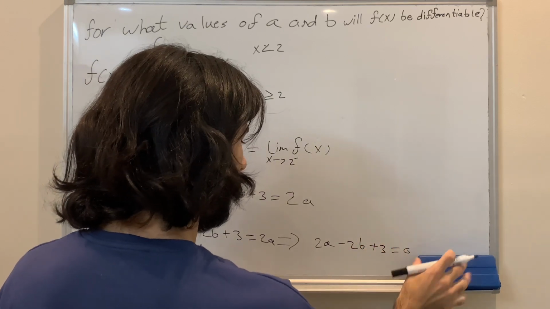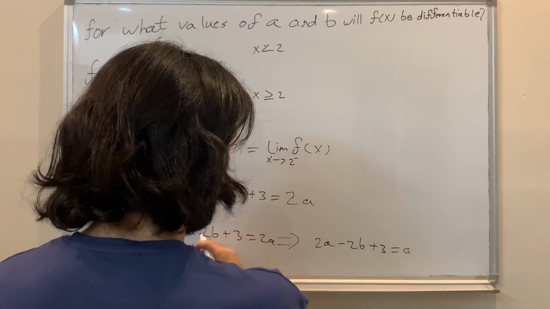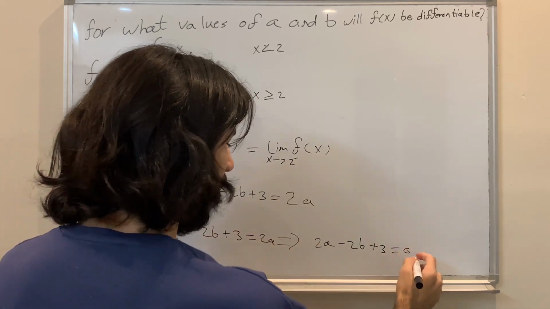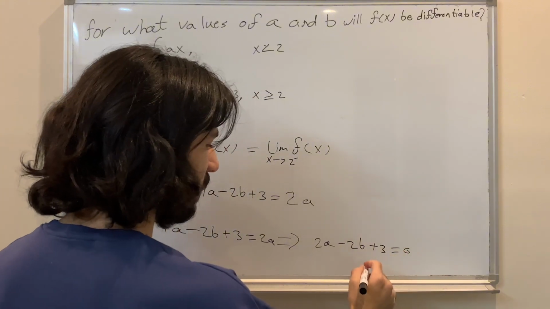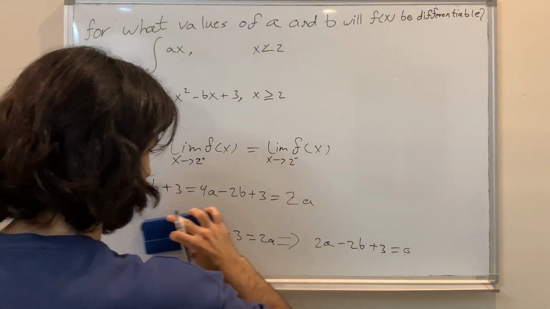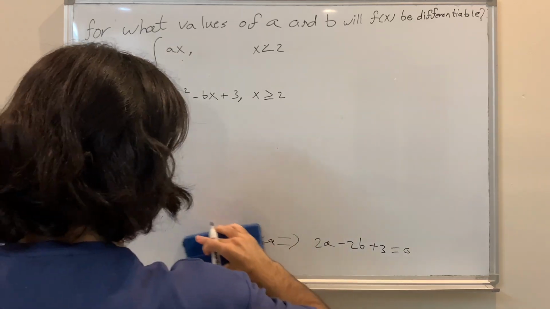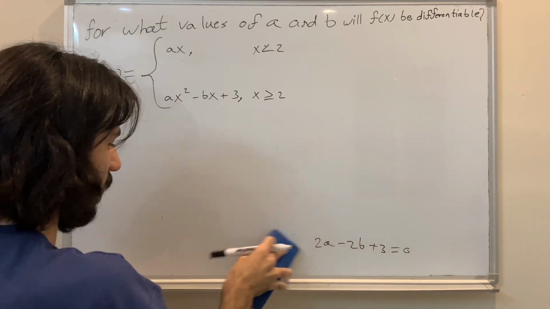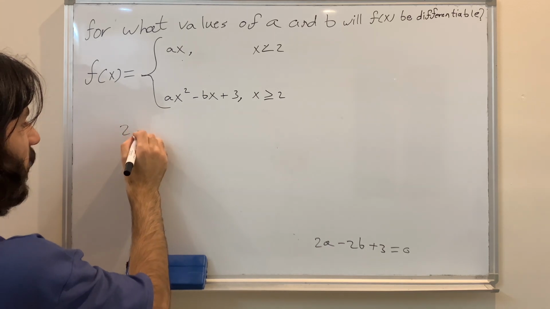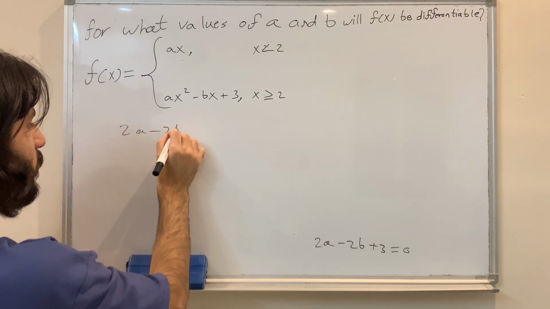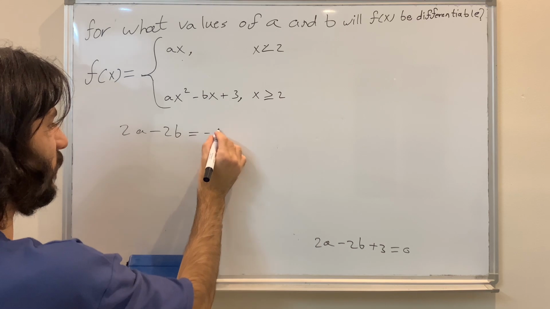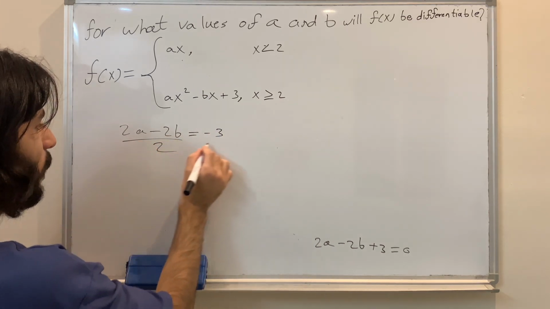And then we can move the 3 to the other side, which is gonna give us 2a minus 2b equals negative 3, and then we can divide by 2 on both sides.